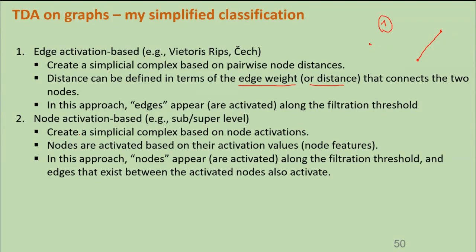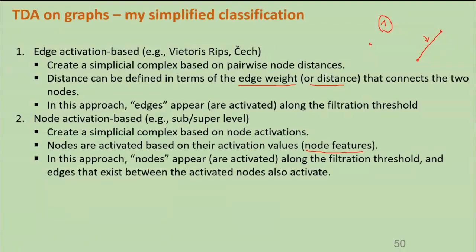In the second approach, we have node activation based. This is usually called sub or super level filtration. We create a simplicial complex based on node activation. So in the first case, edges were appearing. Now nodes are going to appear. Nodes are activated based on their activation values, which can come from domain expertise. For example, it can be that some of the nodes are atoms and we have their weights. So we can do a filtration on atomic weights of elements in, for example, molecular networks and so on.